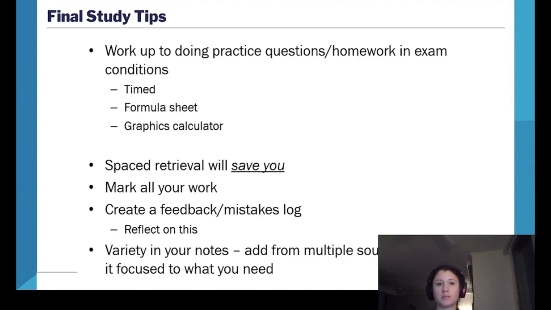Next, spaced retrieval will save you. So make sure when you're learning your definitions and your concepts, at certain periods after your lesson, whether it's at school or at ShootSmart, or a video that you watched or anything like that, you are using flashcards or asking yourself questions about the content and remembering it from your own mind.